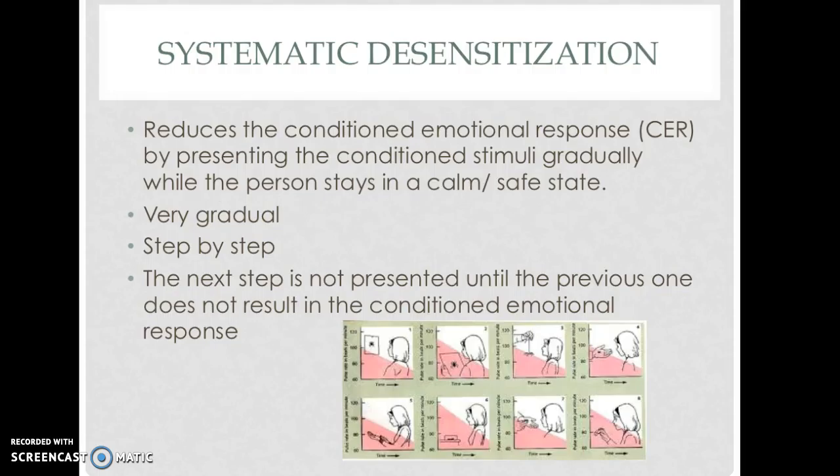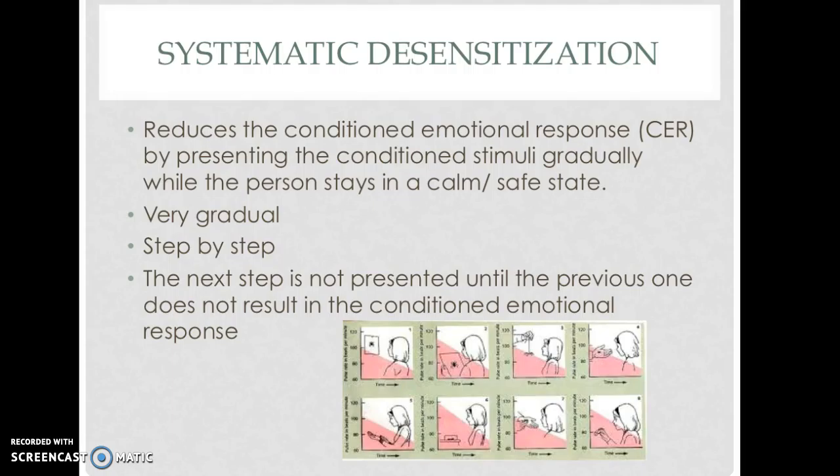This brings us to the process of systematic desensitization. Systematic desensitization reduces the conditioned emotional response by presenting the conditioned stimulus gradually while the person stays in a calm and safe state. This process is very gradual, and each step is presented contingent upon the person remaining calm for the duration of the step before.